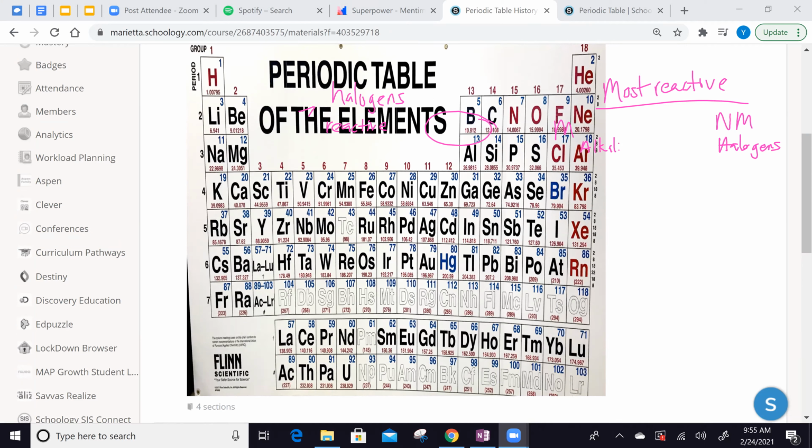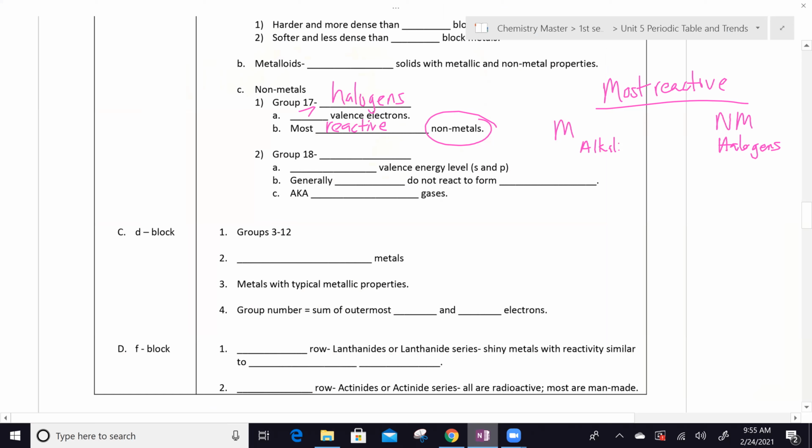Anybody remember group 18, all the gases? Noble gases. Yes, thank you very much. They are the noble gases. All right, so let's go back to our notes here. All right, group 18 is the noble gases.